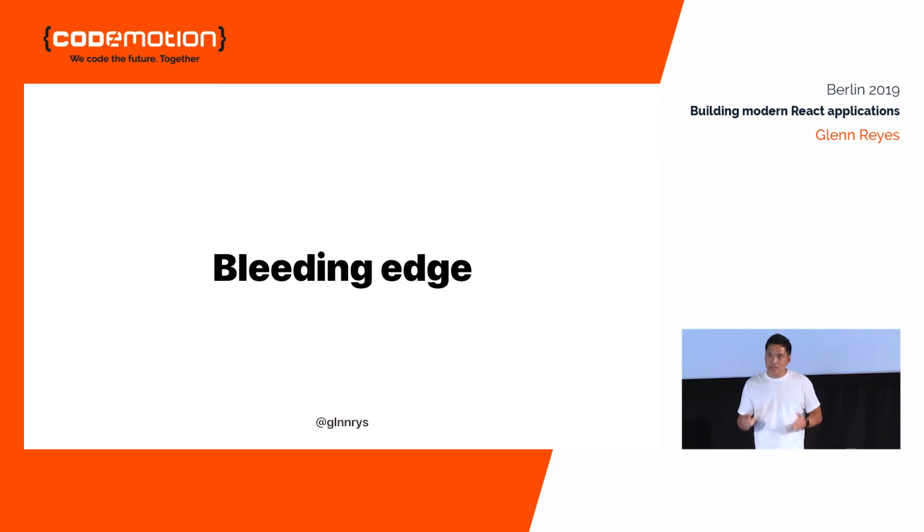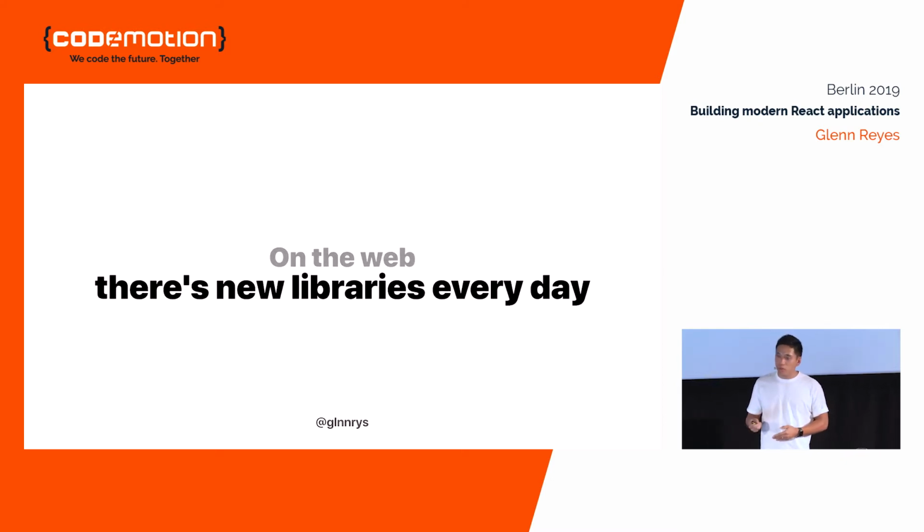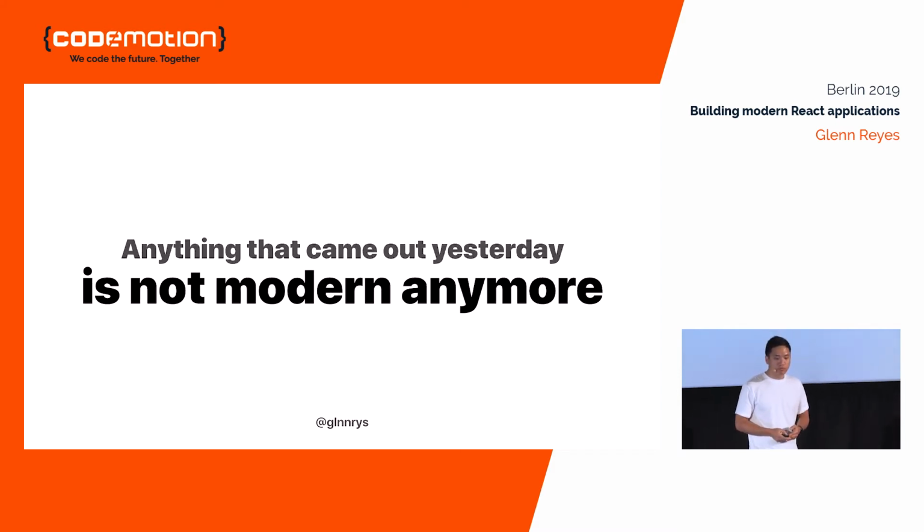It's exciting stuff that we want to use, but probably shouldn't use in production, at least. And the bleeding edge on the web is interesting because we see new libraries released every day. So anything that came out yesterday is generally outdated today. We basically call that legacy code. It's stuff that is less exciting now, right?